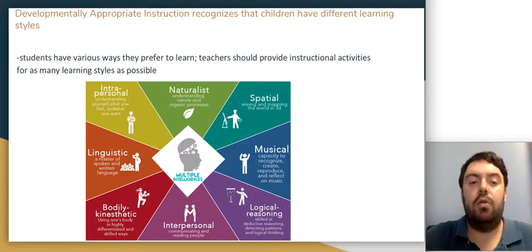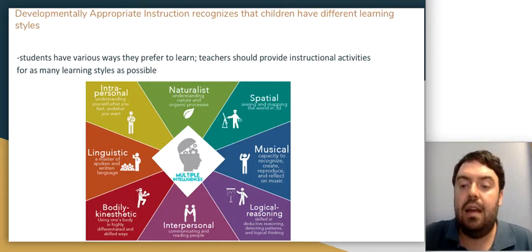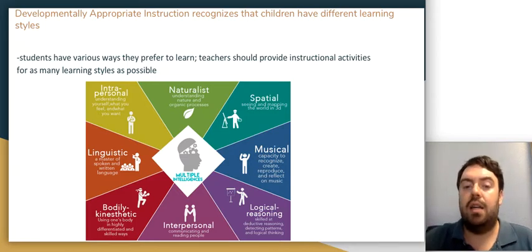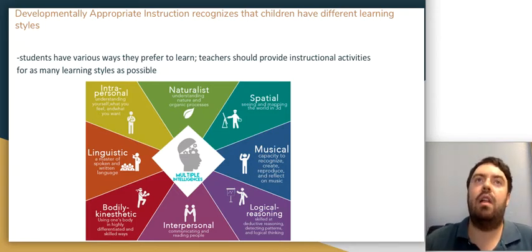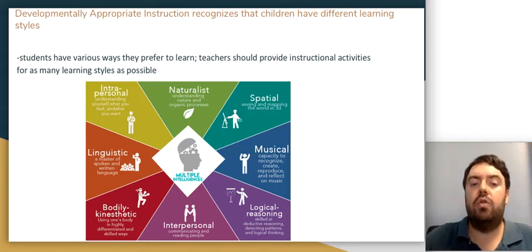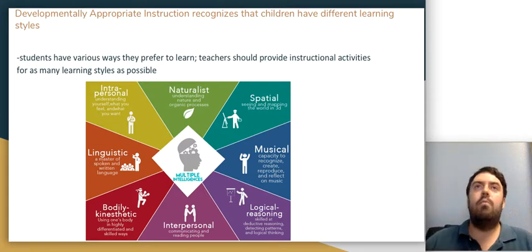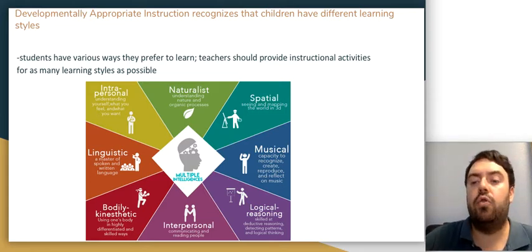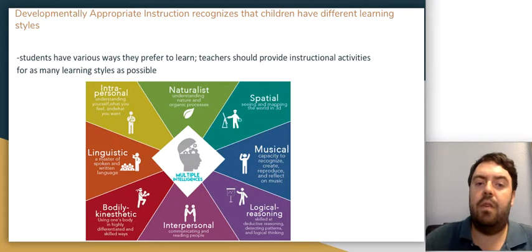So, for example, you might have some students that, yes, they have all of these skills, but they're especially good at spatial learning. So they're good at mapping things out in their mind or on paper. They have a lot of geometric reasoning. You might have students that have more of a naturalist intelligence, where they really appreciate nature and natural beauty, and they're very artistic.